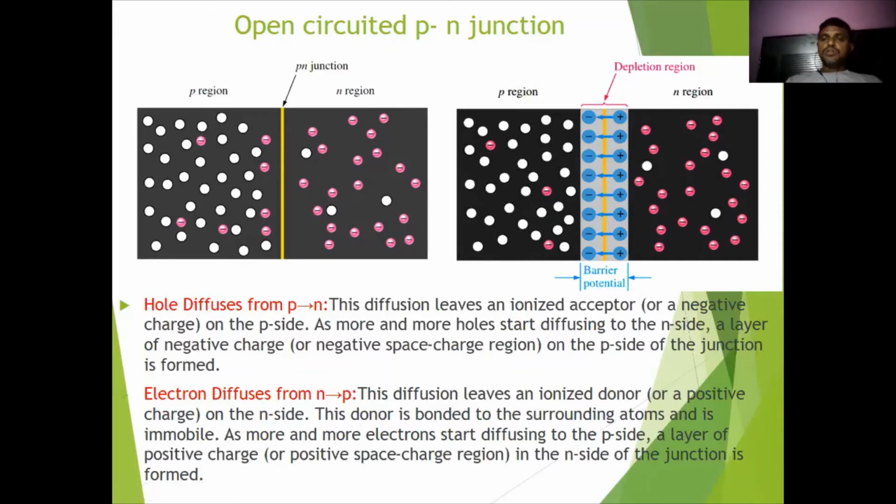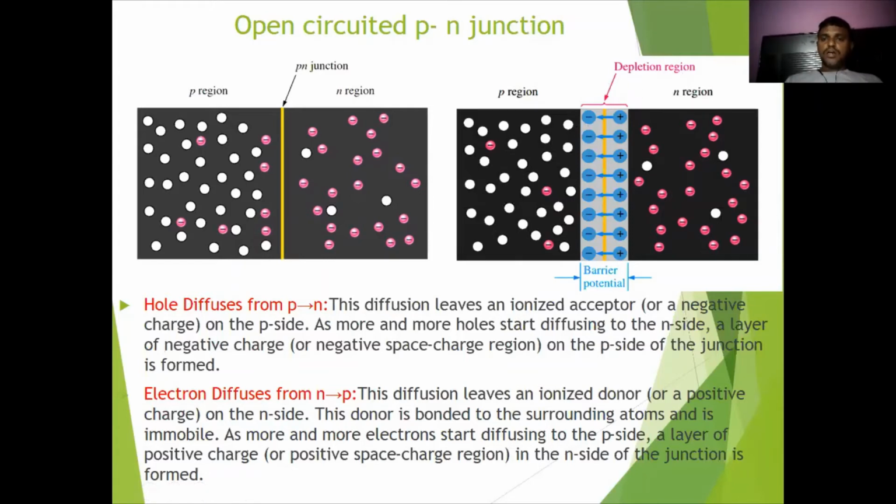What do we call this combined layer of negative and positive charge? It is the depletion region. Another name for it is the space charge region.